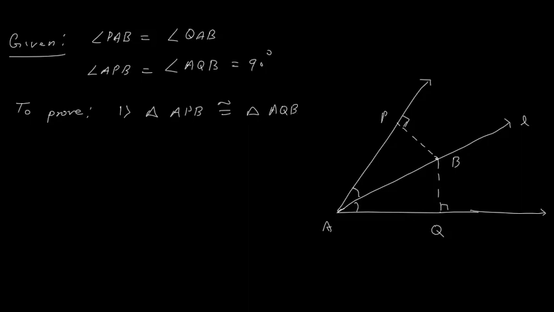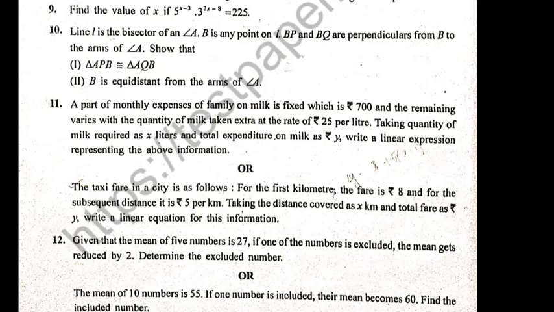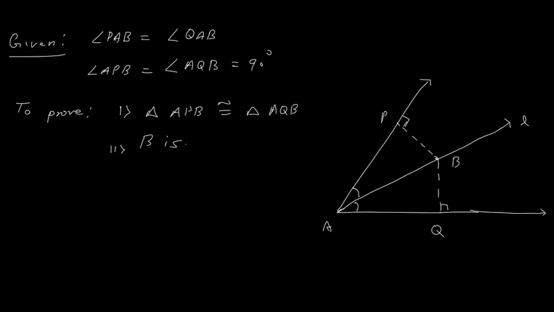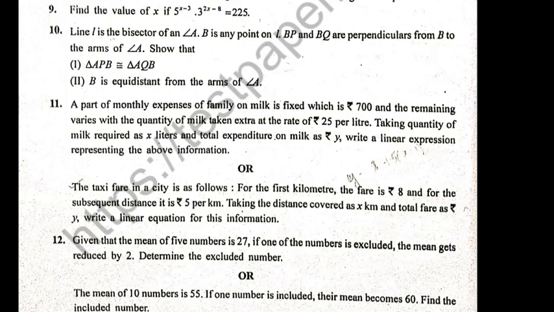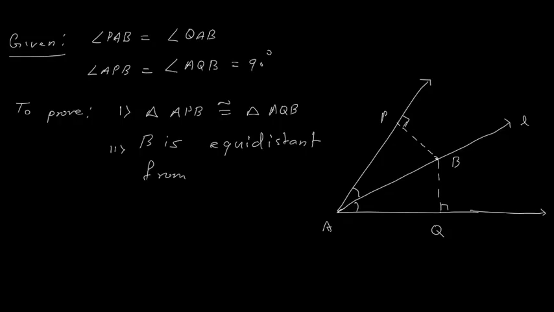We have to prove this first, and second, B is equidistant from the arms of angle A. That is what you have to prove, that this BP is equal to BQ.